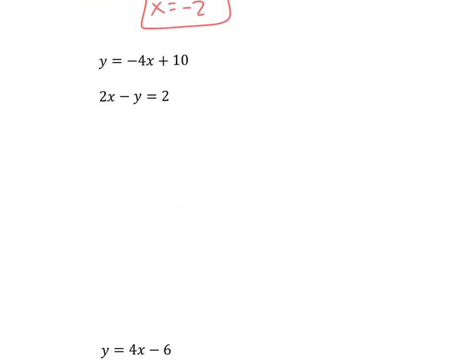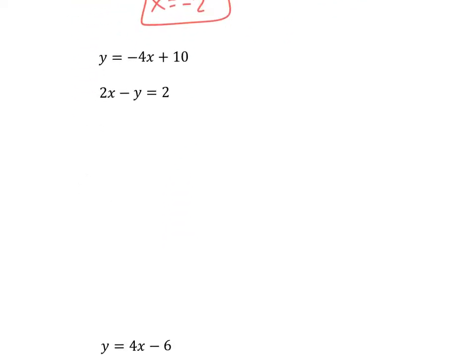Okay, let's look at another example here. Now for this one, we are going to substitute in, again, this negative 4x plus 10 for y. Okay, and so we'll take 2x, and we have to be careful here because it says we're subtracting, and then we're going to put this in parentheses because negative 4x plus 10 is replacing y exactly, okay?